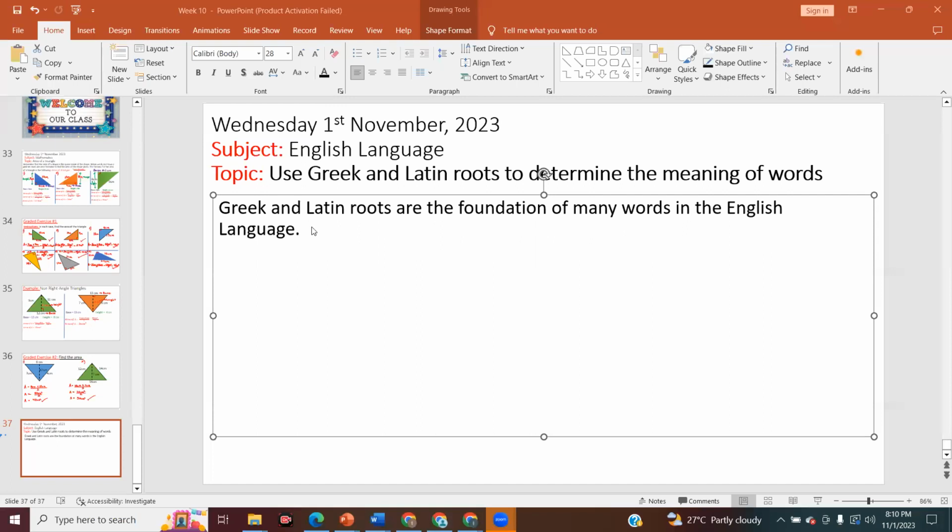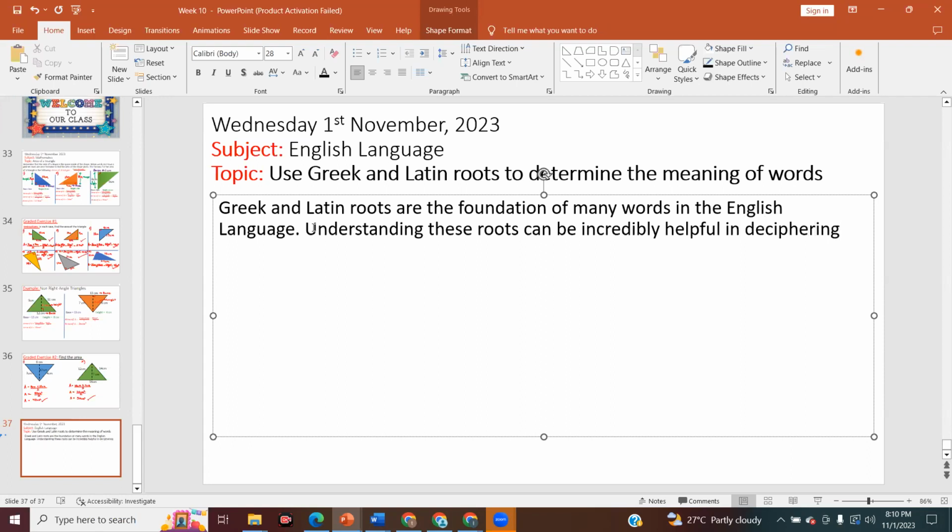So understanding these roots can be incredibly helpful in deciphering the meanings of complex words, even if you have never encountered them before.